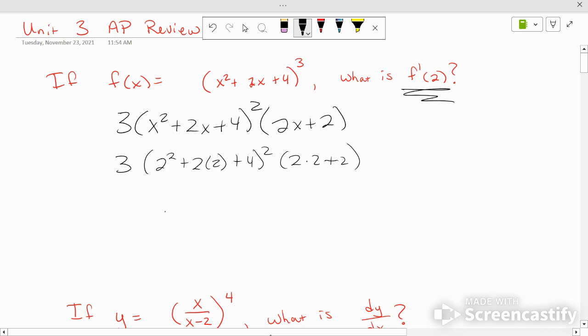Lots of 2's there. Okay, 2 squared is 4. 2 times 2 is 4. 4 is 4. So this is 12 squared, which is 144. So it's 3 times 144. And this is 4 plus 2, which is 6. 3 times 144, that racks my brain.